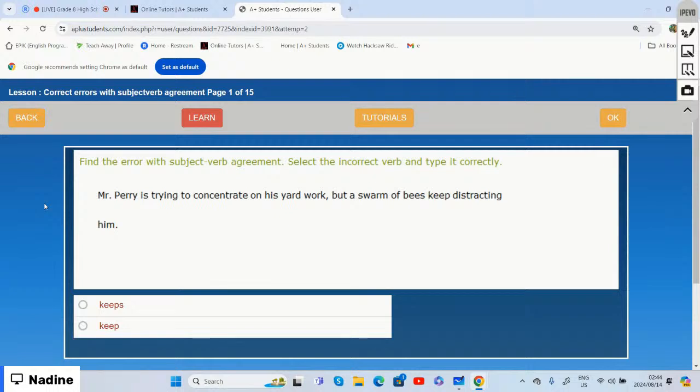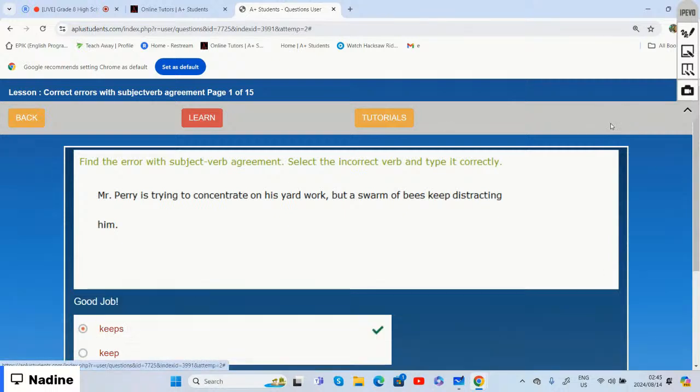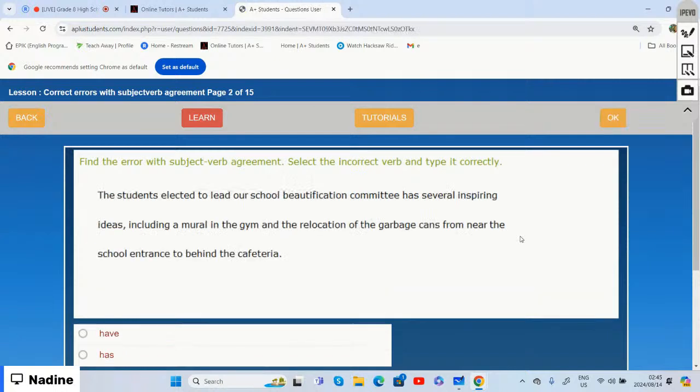So Mr. Perry is trying to concentrate on his yard work, but a swarm of bees, should we say, keeps distracting him? Let's see. So keeps distracting him. Yes.